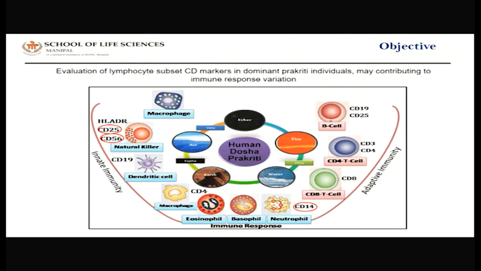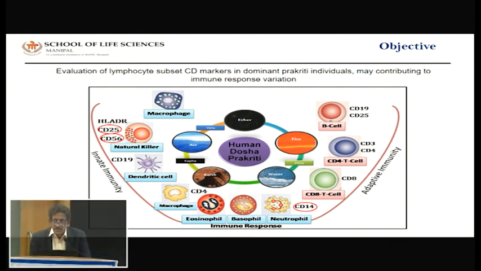So we went on to look at the number of CD markers, what we call immunophenotyping, which provides extensive information about the type of cells and frequency of the cells, and activation of given cells.